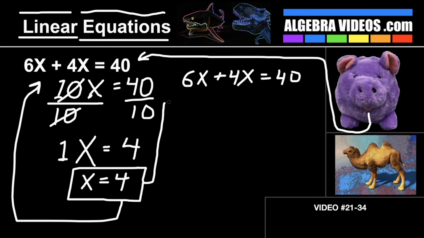So here we go. I'm going to plug in our solution of x equals 4. So 6 times, what is x? 4, plus 4 times x, but we know x equals 4, so we're plugging it in, equals 40.